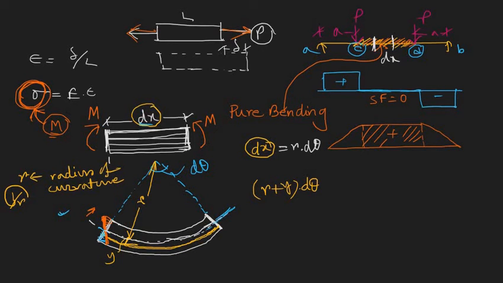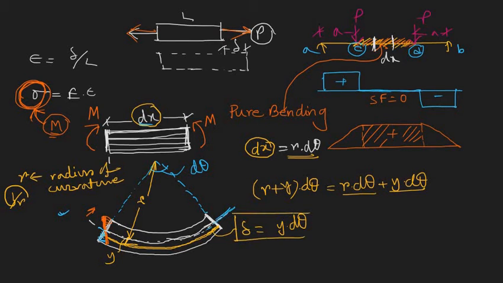So what is the present length of this yellow fiber? It is r times d theta plus y times d theta. So what is the increment of this length? The delta is nothing but y d theta. That's it, because initially the length was r d theta and now the length is r d theta plus y d theta.